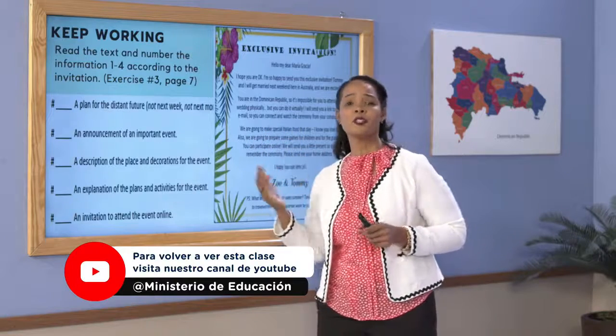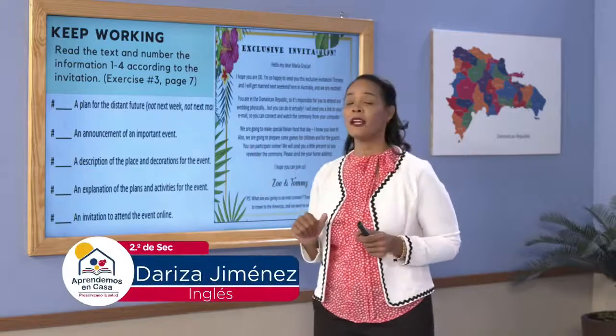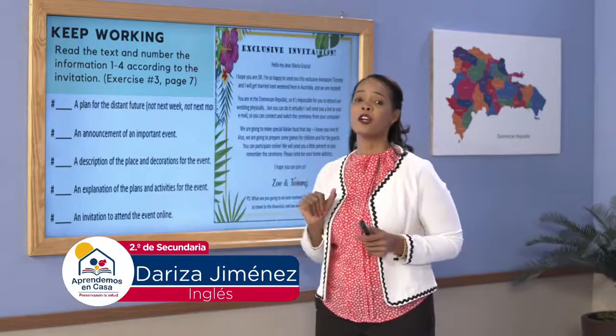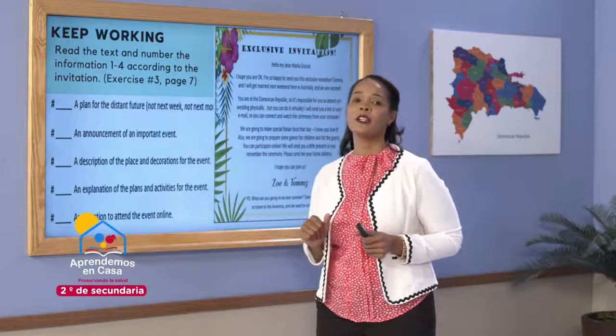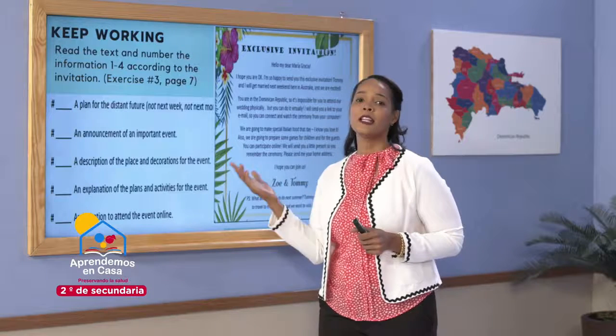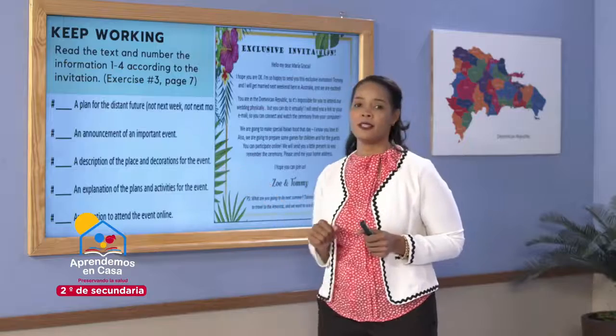I'm going to give you some minutes. Remember that this exercise you can find it on page 3 in your English workbook. Recuerda que este ejercicio puedes encontrarlo en la página 7 de tu cuadernillo de inglés. Este es el ejercicio número 3.